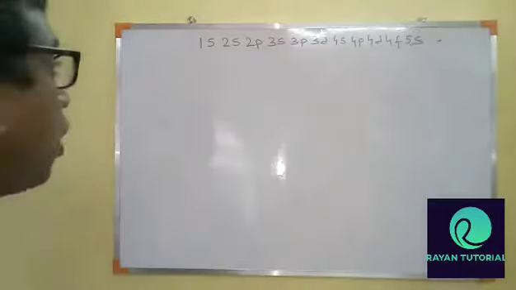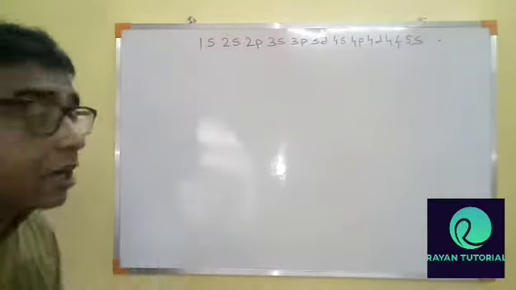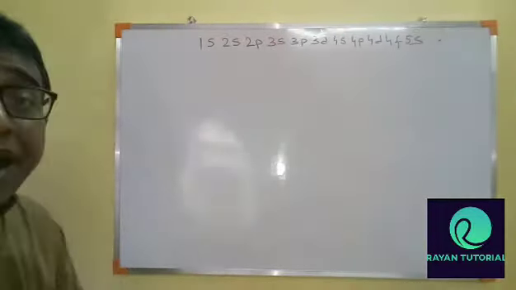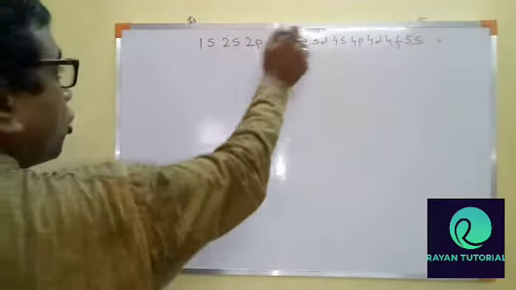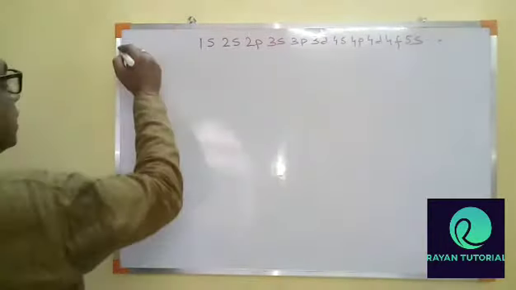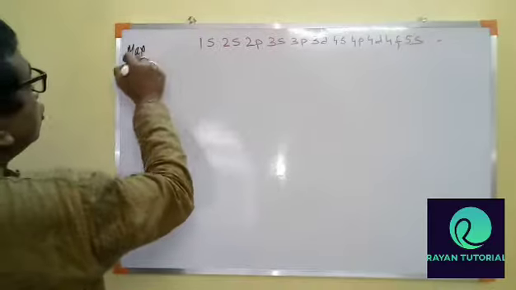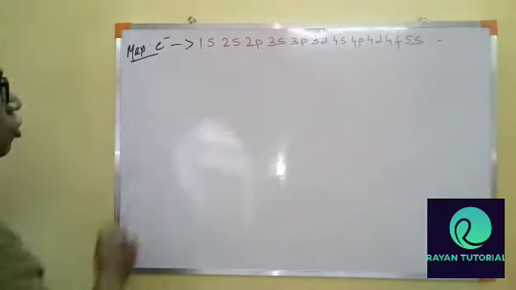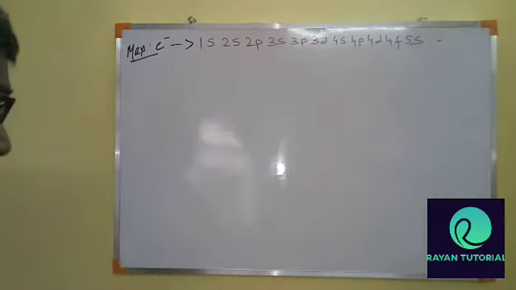Clear? Okay. Now, what is the maximum number of electrons these orbitals can hold? How to find out?